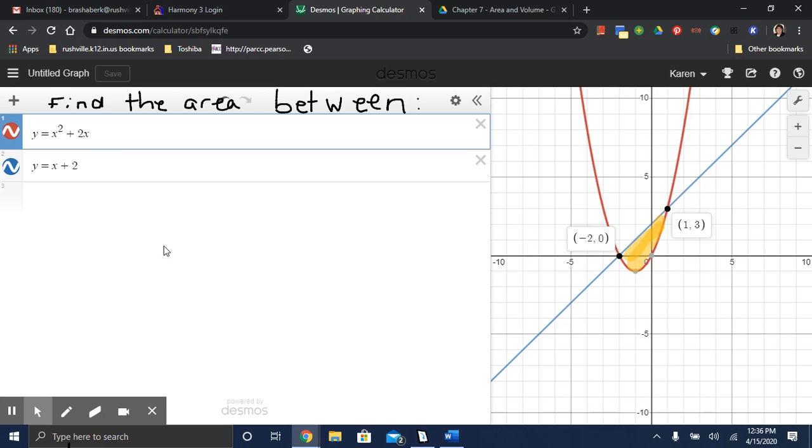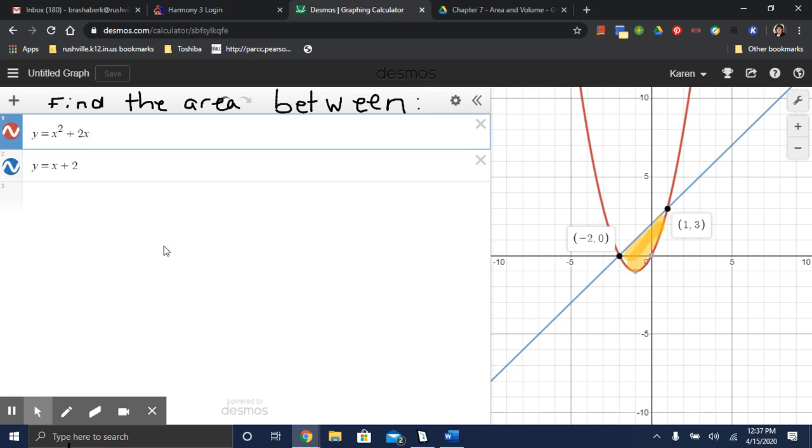In our case, the line y equals x plus 2 is above the parabola y equals x squared plus 2x.